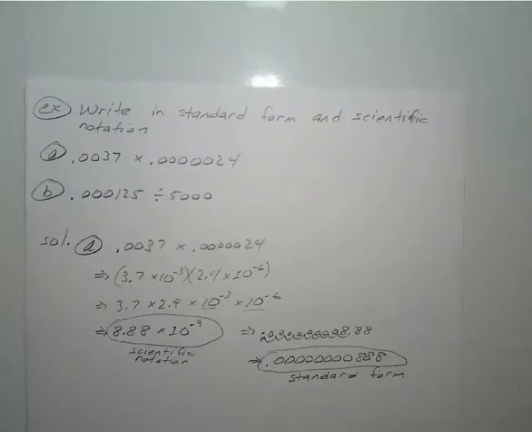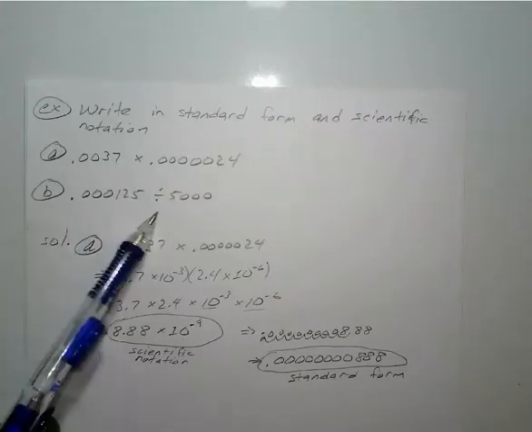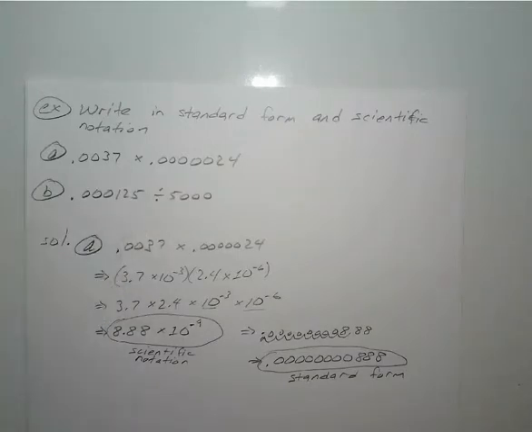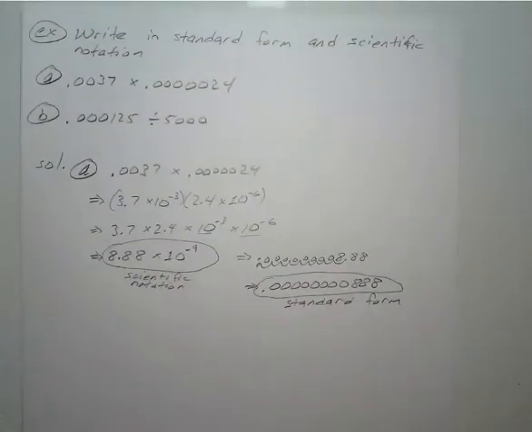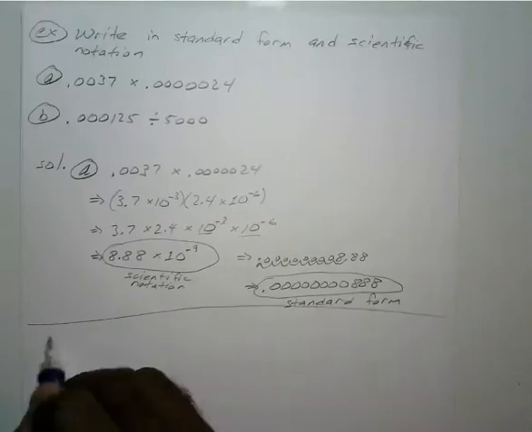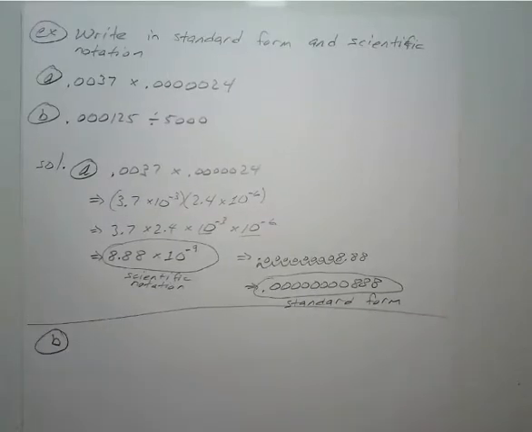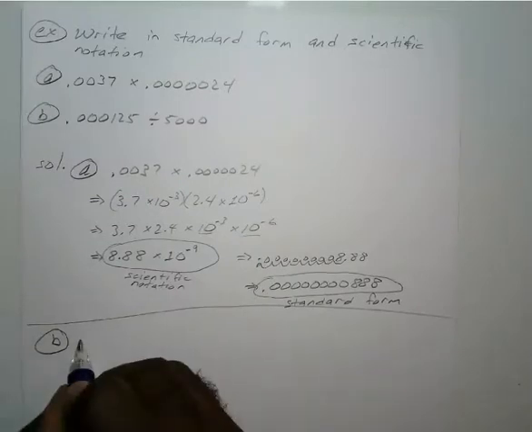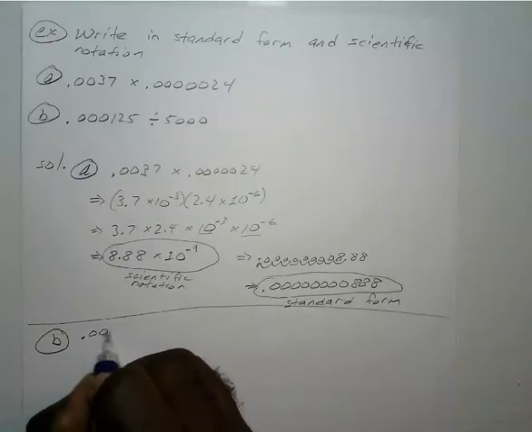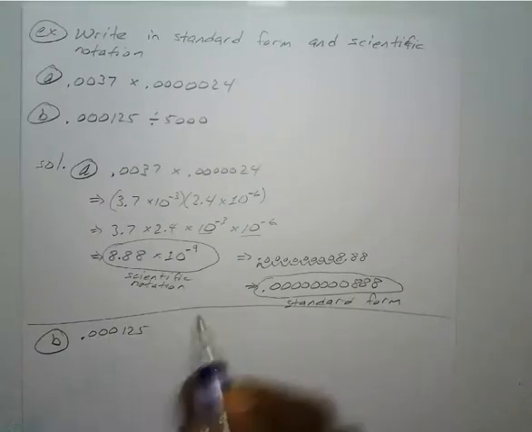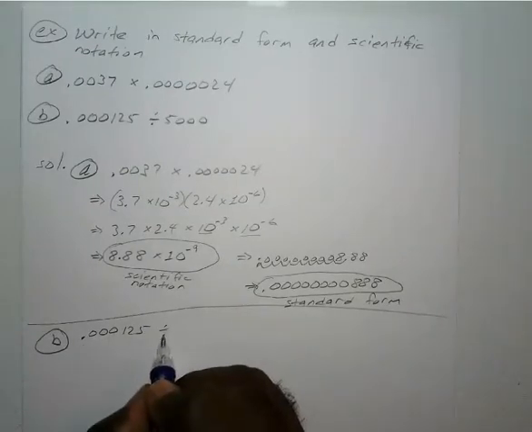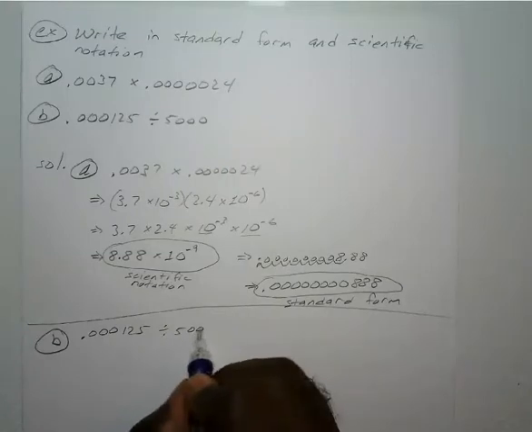Okay, so now we do the exact same thing for B, but in this case it's just going to be division. So for problem B, we do that very same thing with 0.000125 divided by 5,000.